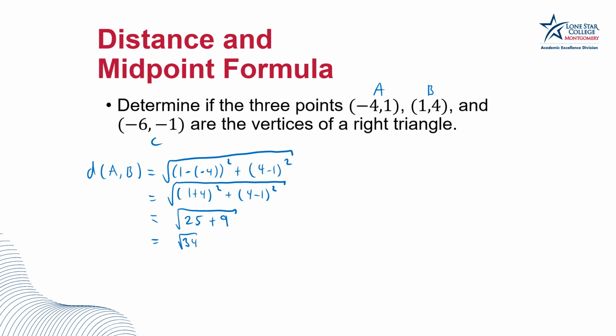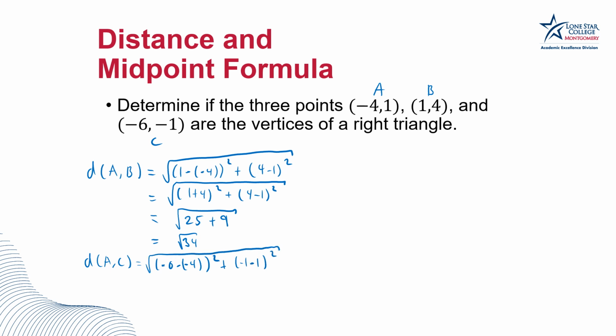Let's do the same thing for the distance between points A and C. Between A and C, we're going to have x2 minus x1, so negative 6 minus negative 4 squared plus y2 minus y1, so this would be negative 1 minus 1, squared again, all under the square root.